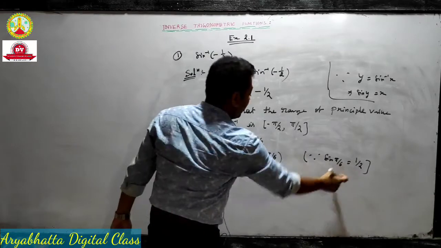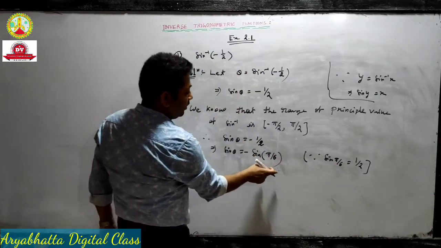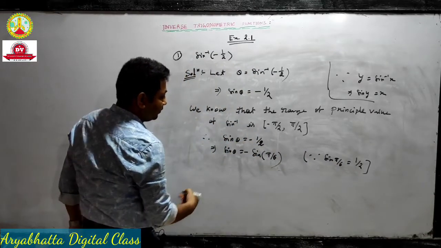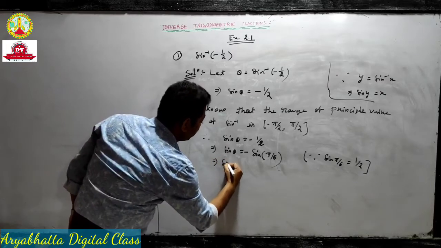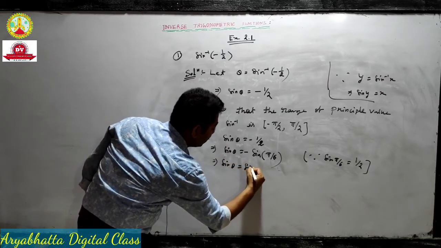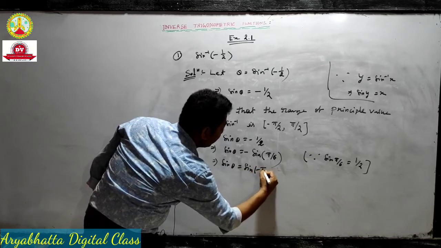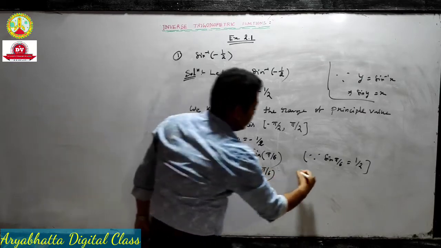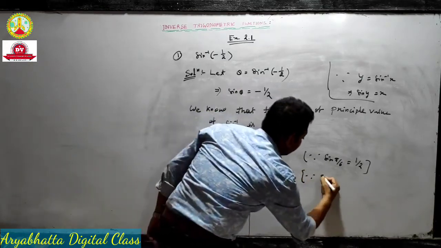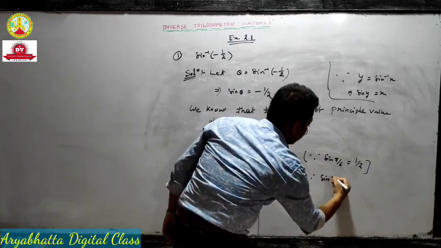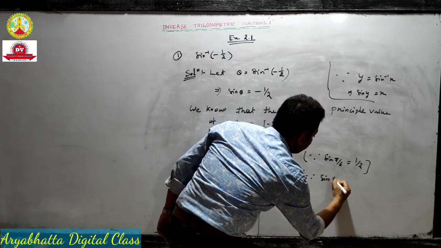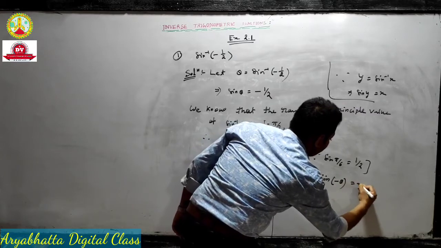This gives sin theta equal to sin of minus pi by 6, since we learned in class 11 that sin minus theta equal to minus sin theta.